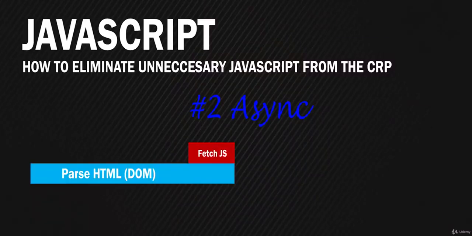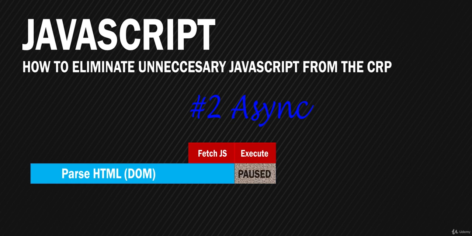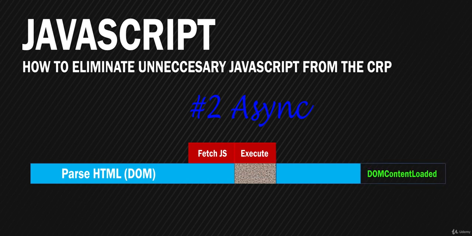So that's async. Let's get back into it. It's only during the execution phase that the parser will completely stop. And once that execution is finished, obviously it can continue parsing the document, and then the DOM content loaded event can fire. Although this casualness in running your code seems pretty awesome, you must realize that your scripts marked as async will not always run in order. So what this means is that you could have a case where several scripts marked with async will run in an order that's different than what they were specified in your markup.